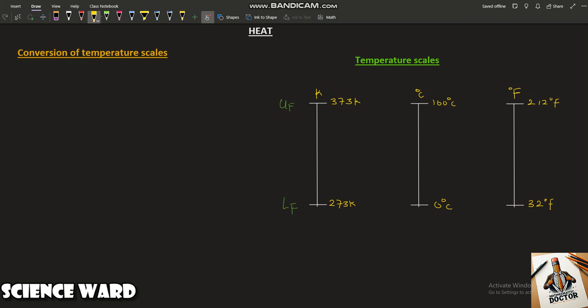Now there's one more thing you need to get used to, and that is called the fundamental interval, which we refer to as Fi.